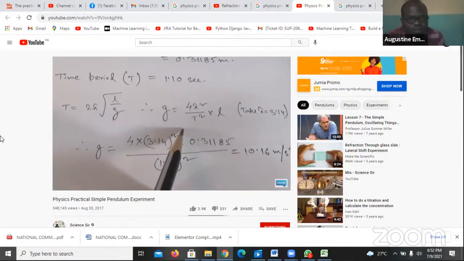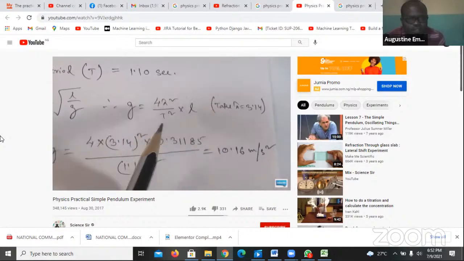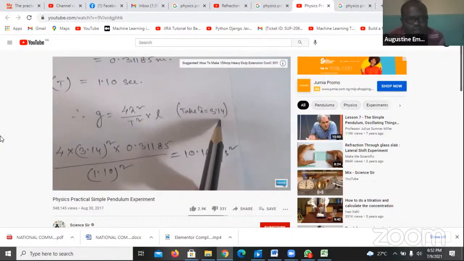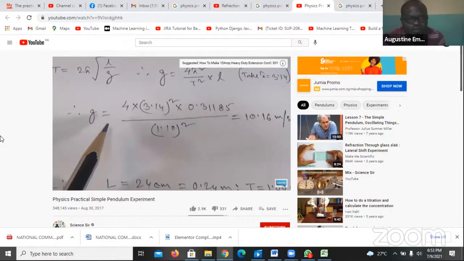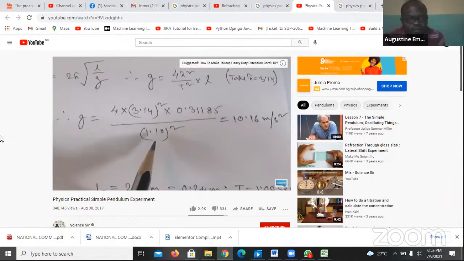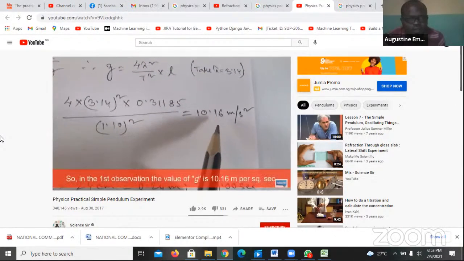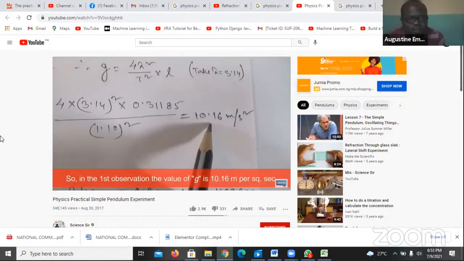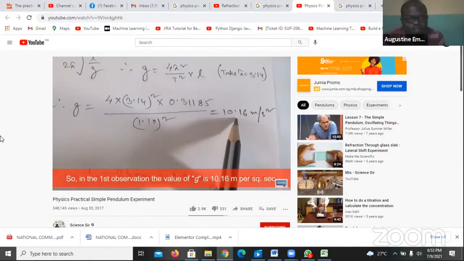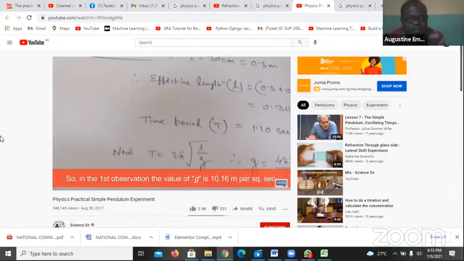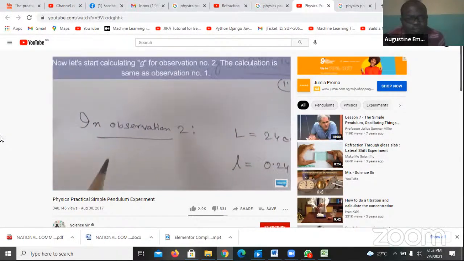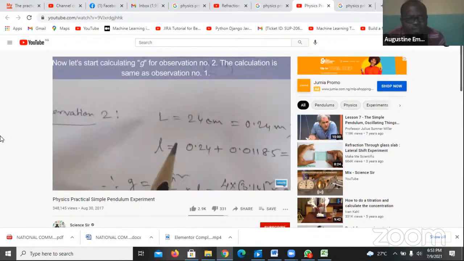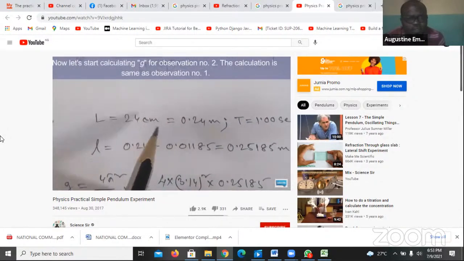So the period T is equal to 2 pi root L over g, where pi is equal to 3.142. So you sort it out: g equals 4 pi squared L over T squared, for the first observation. And for the second observation, L is 24.